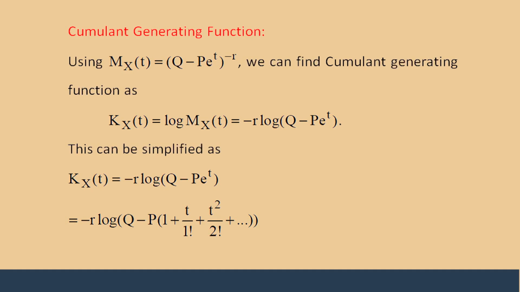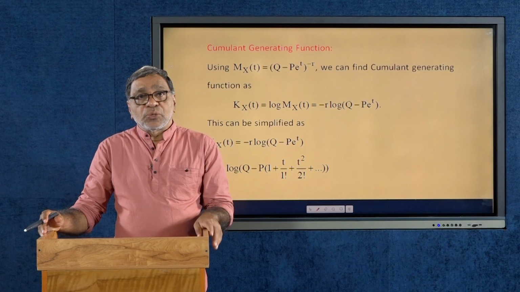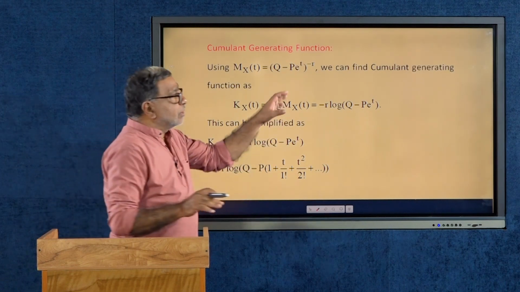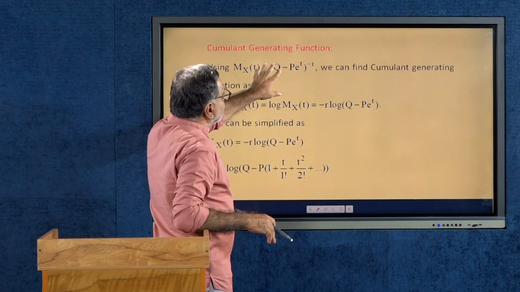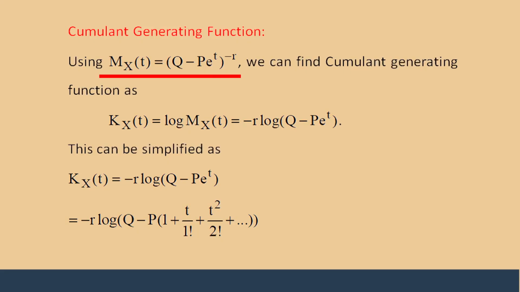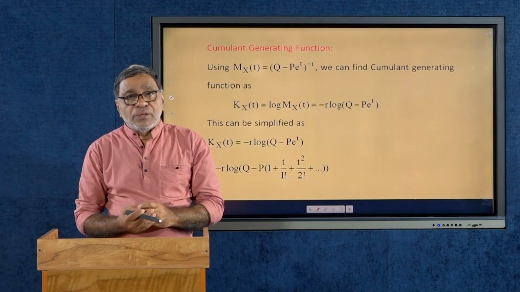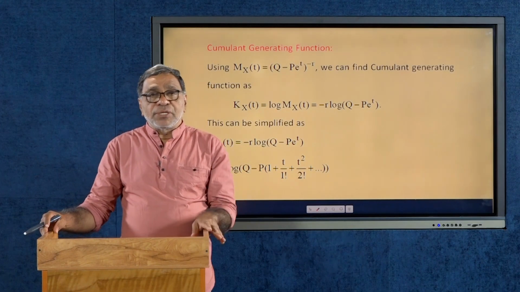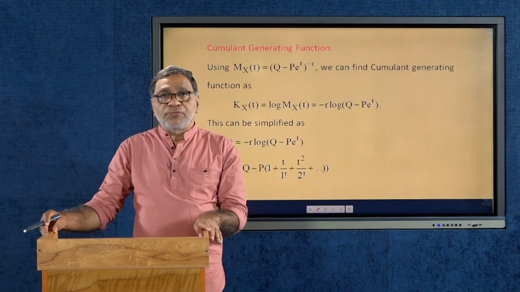Let me find the cumulant generative function also. Using the moment generative function, we already have the moment generative function equal to (Q minus P e power t) all power minus r. And we know the cumulant generative function is the logarithm of the moment generative function.